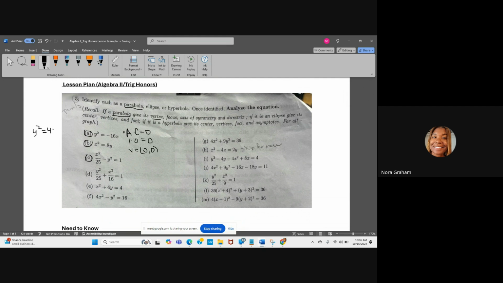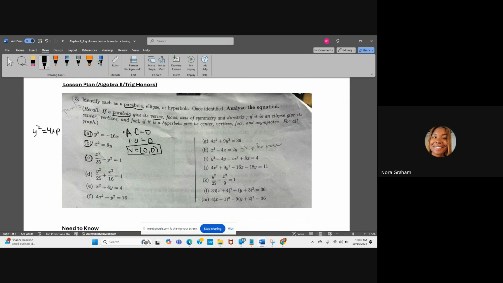And that 4 is part of the formula. Notice I have nothing being added or subtracted from both my x and my y. So I know easily that this is going to be my vertex.